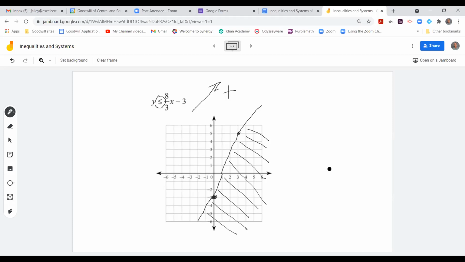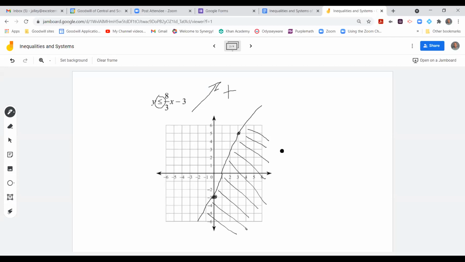The reason I do this directional sort of shading is because when we have to start doing systems of inequalities, now I've got a second shaded area I've got to put on the same graph. So if I have lines going in one direction for one of the graphs, I want to make lines go in the opposite direction, perpendicular, for the second graph, for the second equation or second inequality.